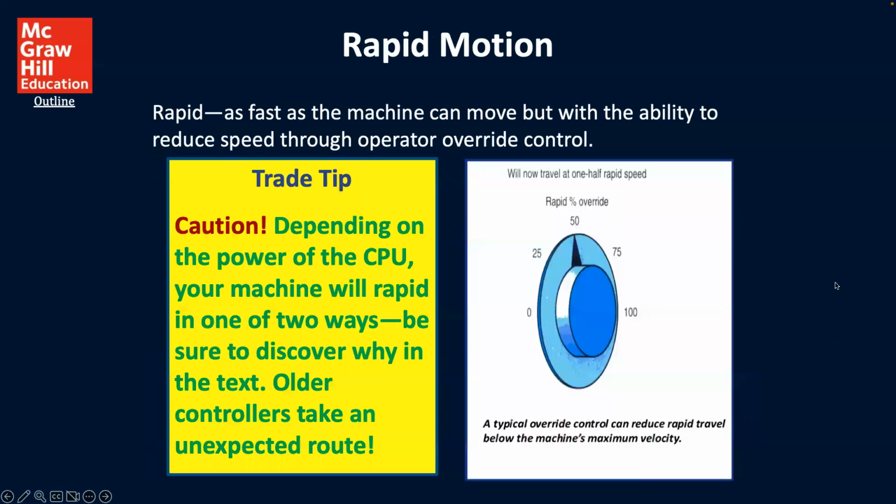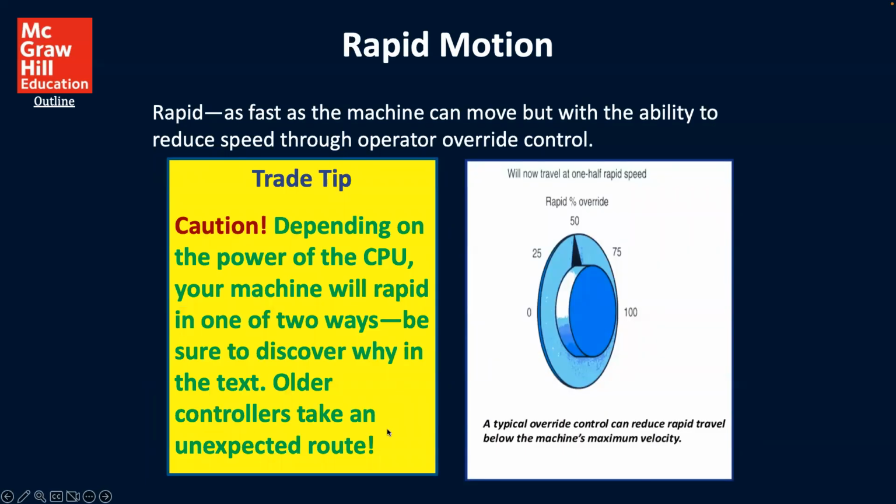Well, what about rapid motion? Rapid is as fast as the machine can move, but with the ability to reduce speed through operator override controls. And so here we have that ability, and we have a caution. Depending on the power of the CPU, your machine will rapid in 1 or 2 ways, but be sure to discover why in the text.